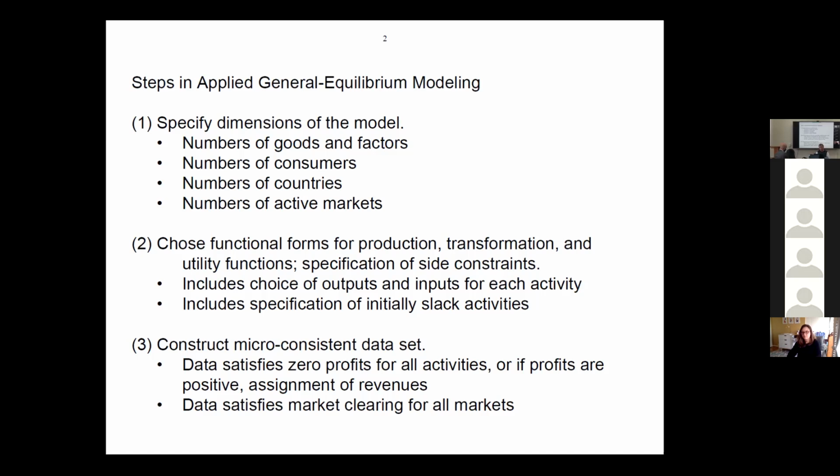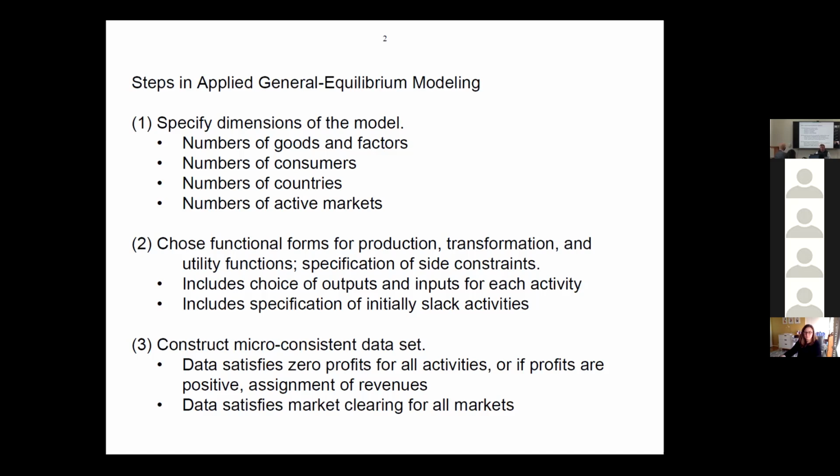So choose functional forms for production. Transformation function is a word we just use for the opposite of the production function. You have one input and multiple outputs. My model library has a refinery scheduling problem where you put in crude oil and you have to choose the mixture, there's some substitution possibilities between gasoline, diesel, and kerosene, jet fuel.